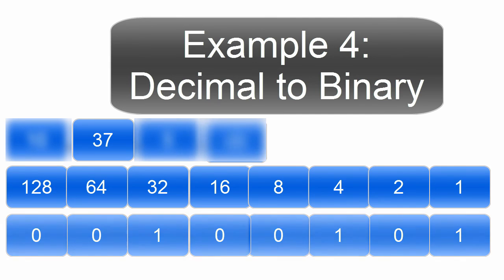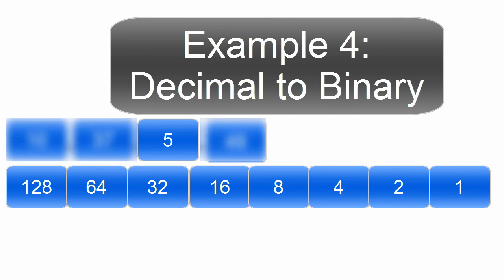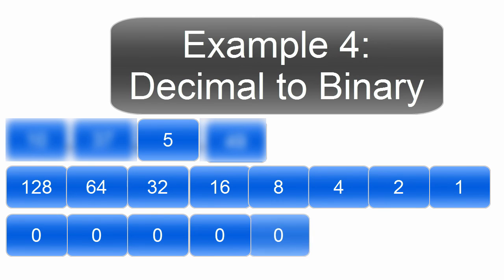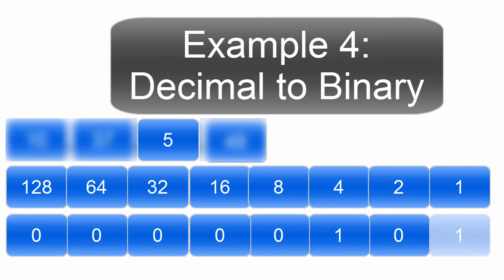And again, in the third octet, brand new set of 8 bits, we have decimal number 5. We're going to have 128 is off, 64 is off, 32 is off, 16 is off, 8 is off, 4 is on, 2 is off, and 1 is on.